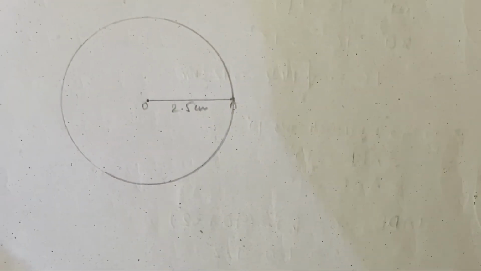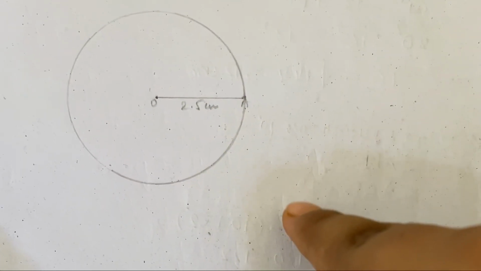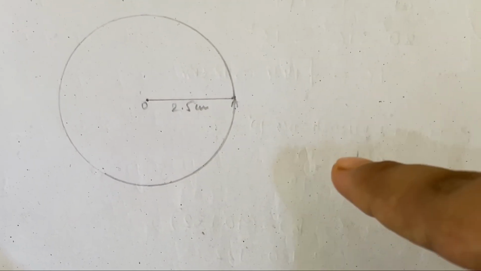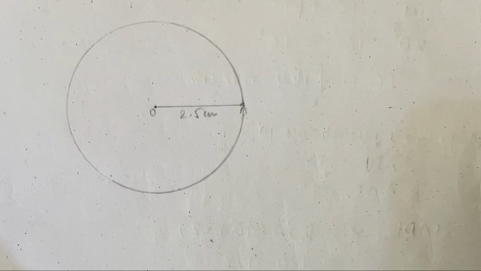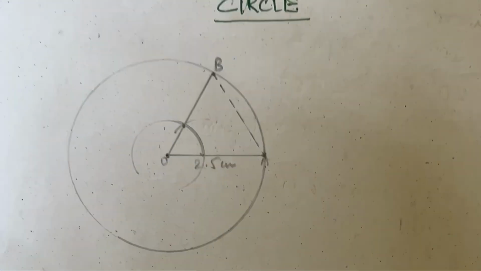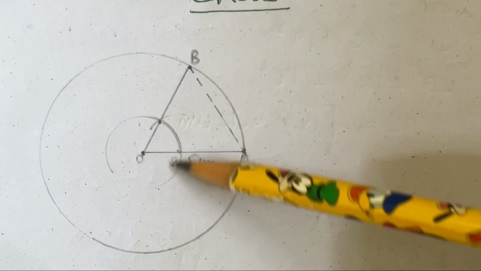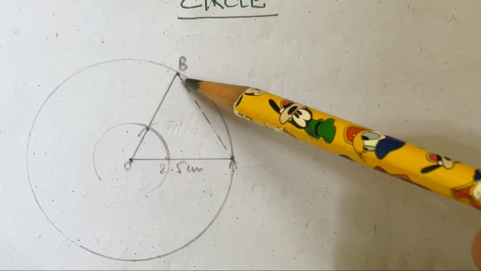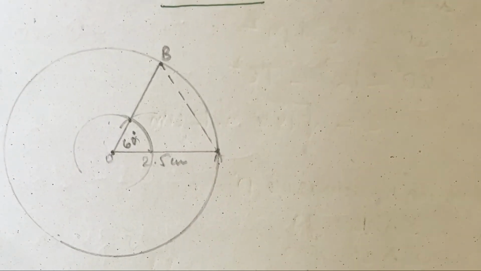Now on this we have to make a 60 degree angle that measures angle AOB as 60 degree. So I have drawn the angle 60 degree and we got AOB as 60 degree here.